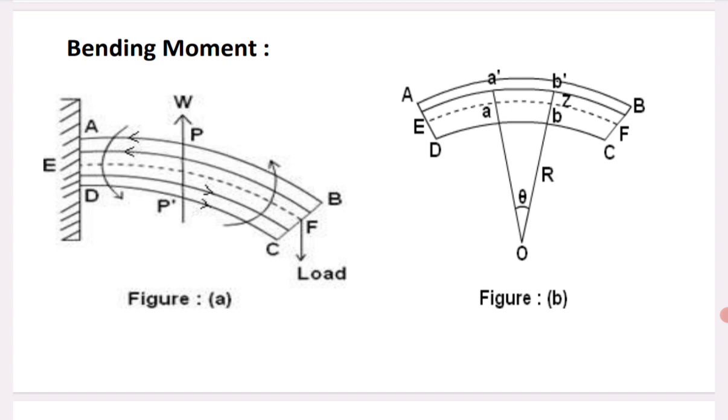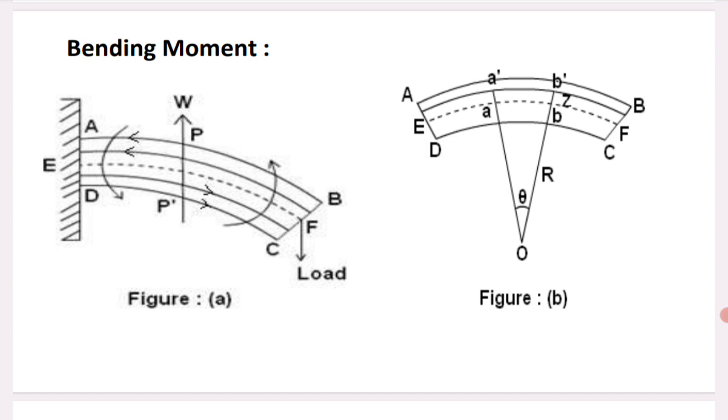Let us consider a beam, maybe a rectangular beam, ABCD. Its end AD is fixed to the rigid support. The other end BC is the free end, which is loaded.